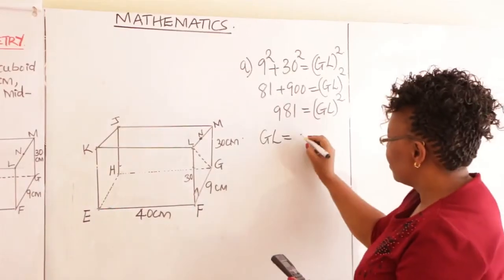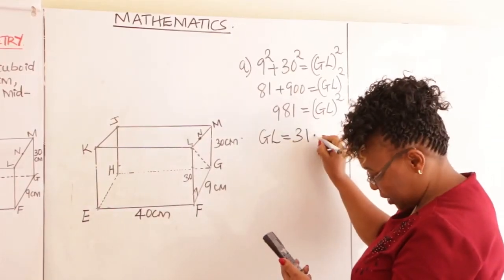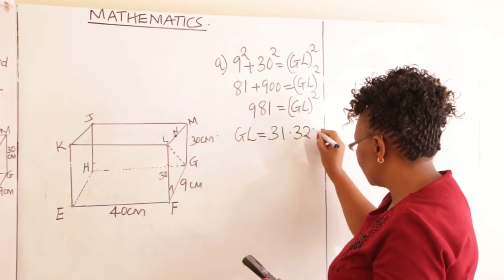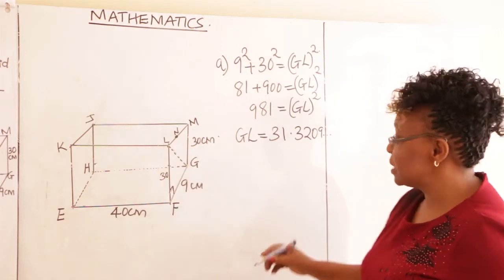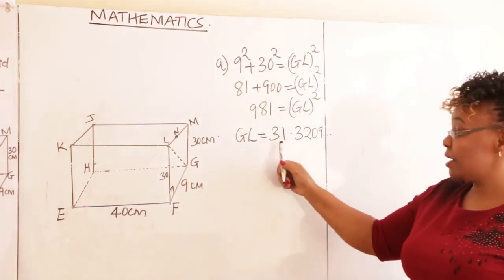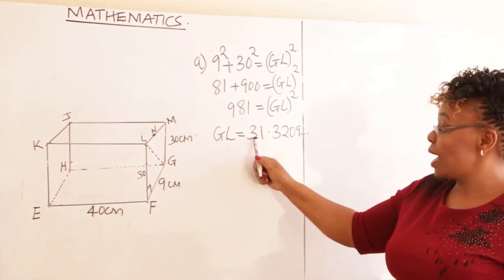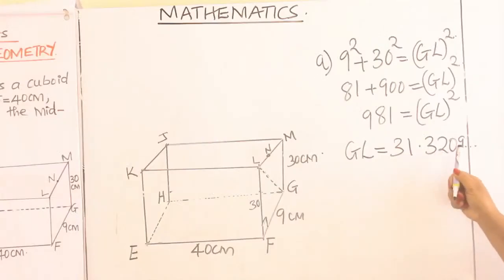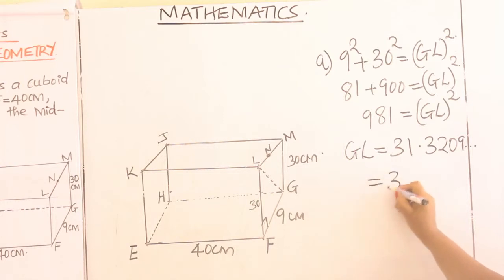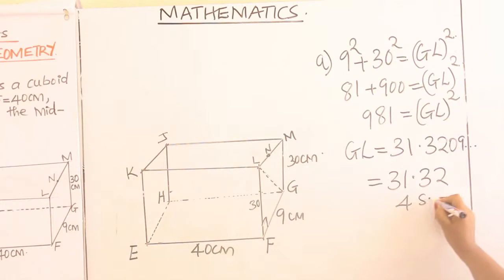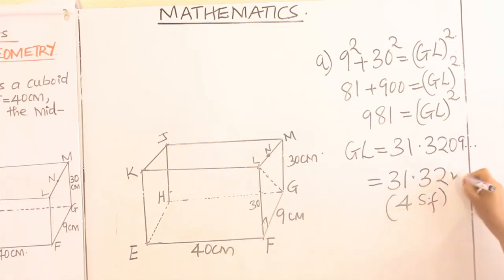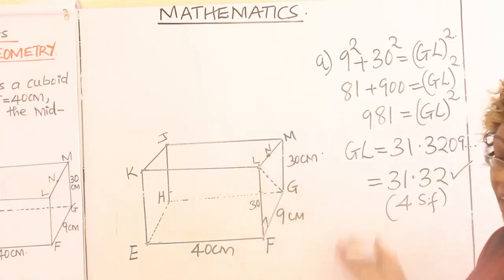You get 31.3209 and so on. But we are told to leave our answer to four significant figures, so you count 1, 2, 3, 4. Our answer will be 31.32 correct to four significant figures. That is our GL, the diagonal there.